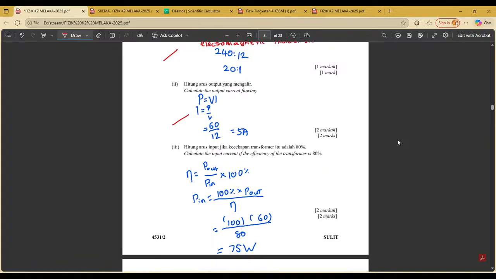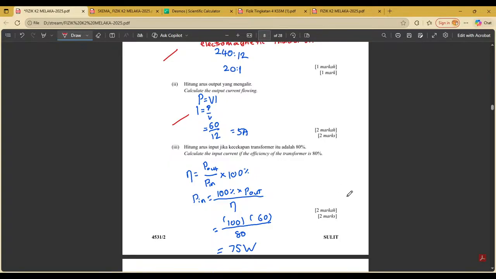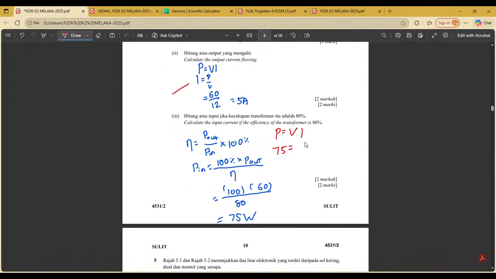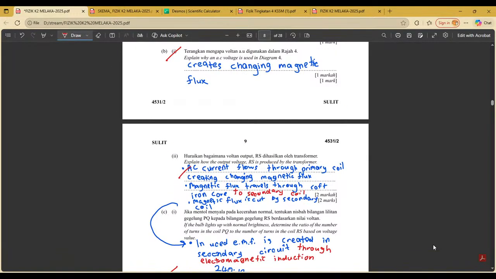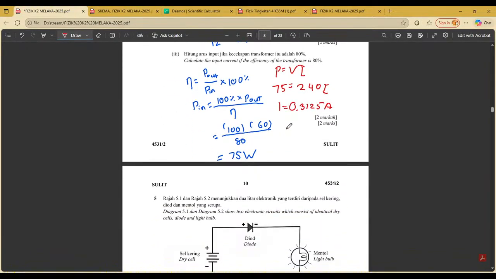My input is this one. 0.312 ampere. Oh, okay, I'll give myself minus one. It's 6 out of 9.